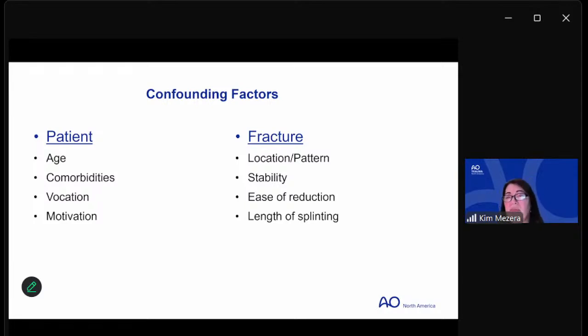There can be a lot of things thrown in there, diabetes, that can cause us some postoperative healing issues and make it an even more difficult situation. A patient's vocation is also important. Are they in a desk, computer, office-based career, or are they manual laborers who need to hold tools? That can be life-changing for them depending on what they do. And then the patient's motivation.